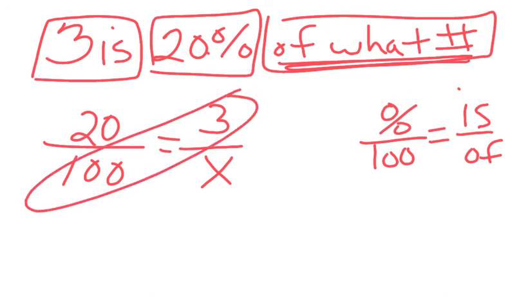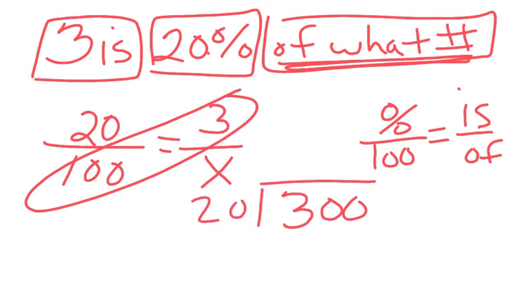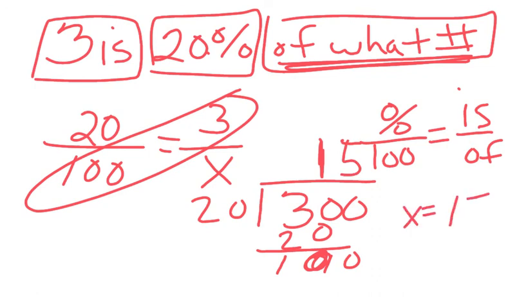So 3 times 100 is 300. 300 divided by 20 goes in once, and then it goes in 5 times. So x is 15. You don't put a percent sign because it's not in the percent spot. You only put a percent sign when your x is in the percent spot.